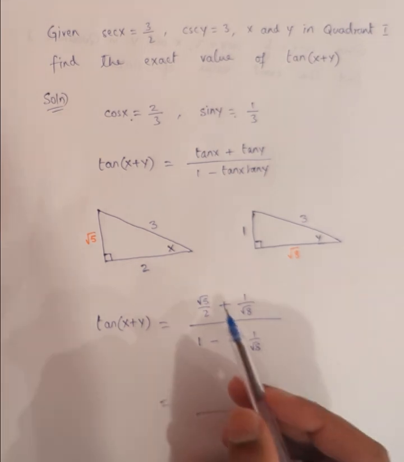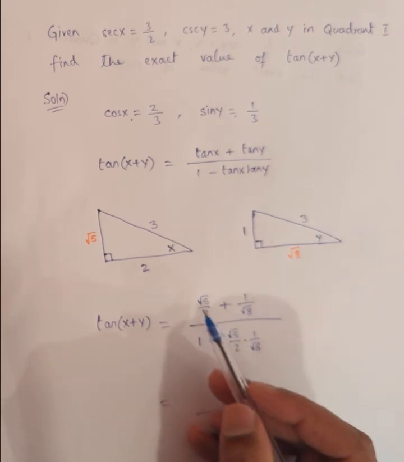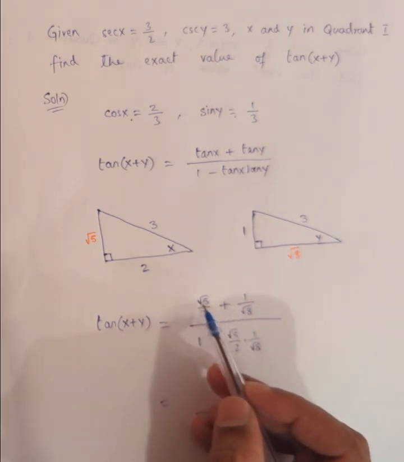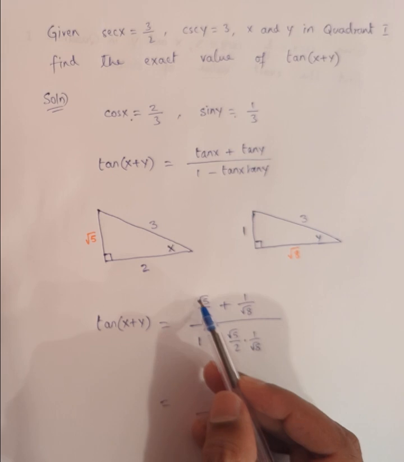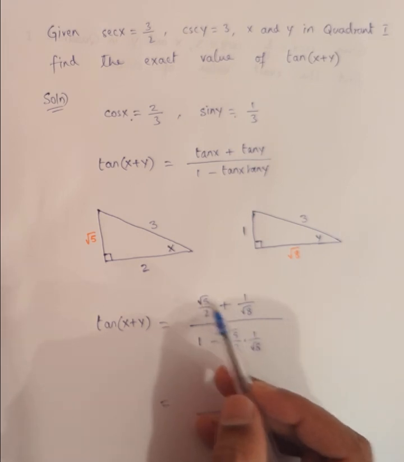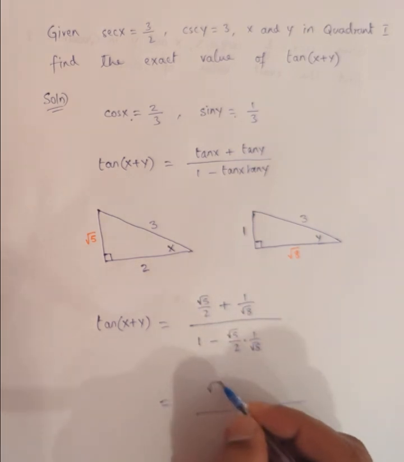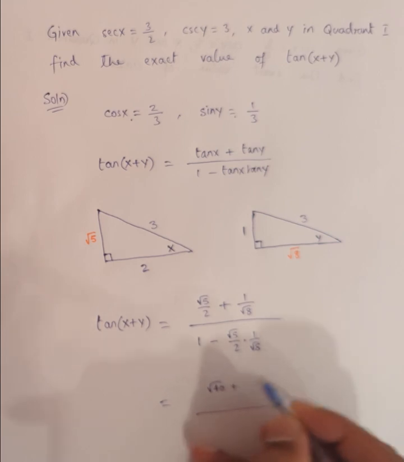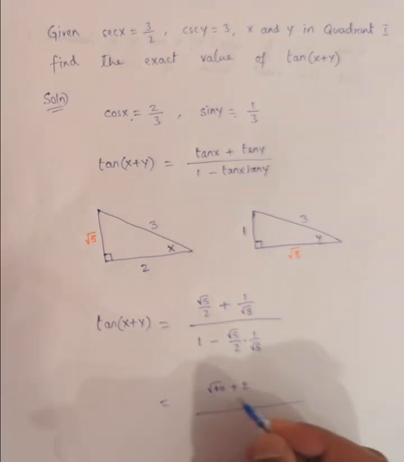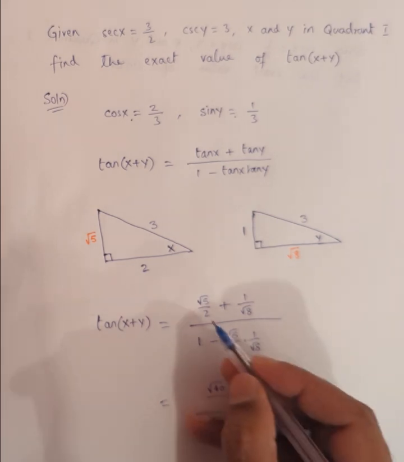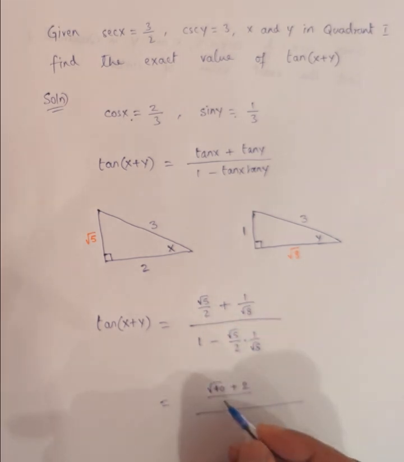And the numerator is, we have to combine these two fractions. We can cross multiply. So how do you add two fractions? You can cross multiply. Root 5 times root 8 is root 40 plus 2 times 1 is 2. So that's how you get your numerator. Denominator is simply the product of those two, which is 2 root 8.